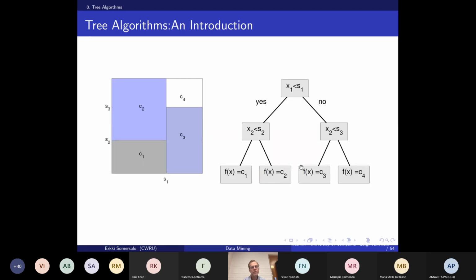So here's a picture. Here I have 2 possible questions. I have attribute X1 and then I have attribute X2.